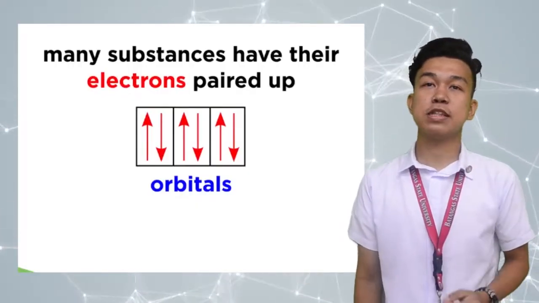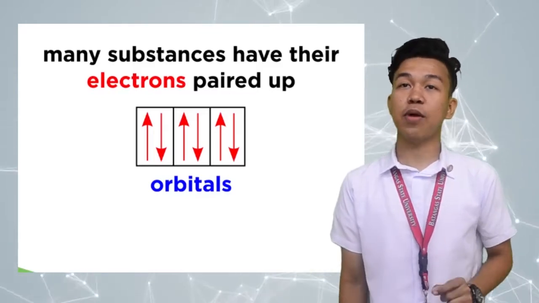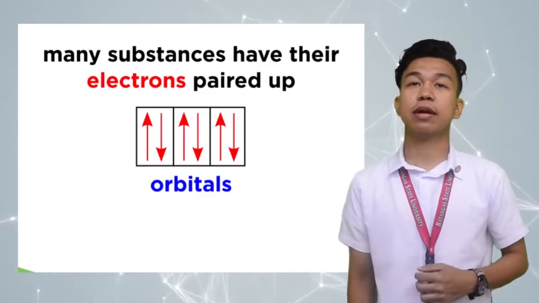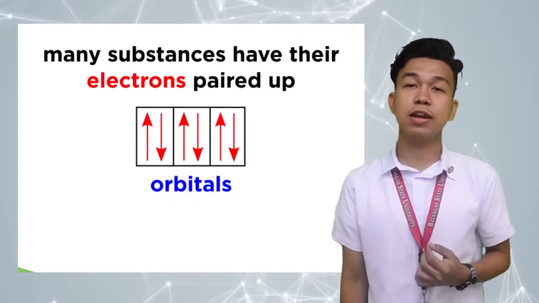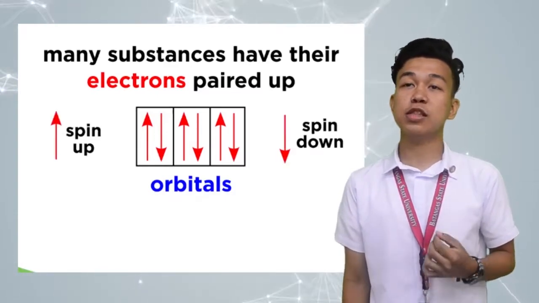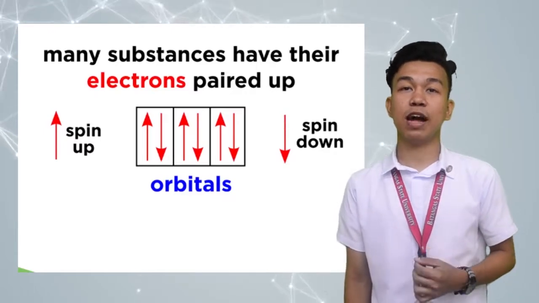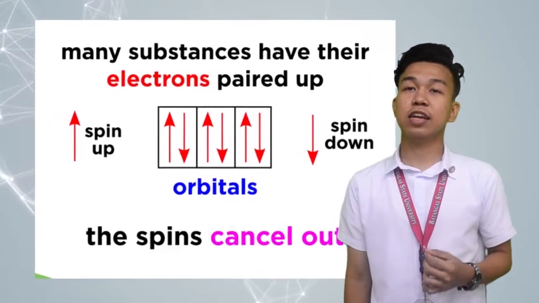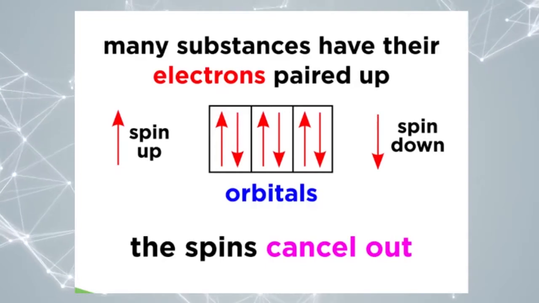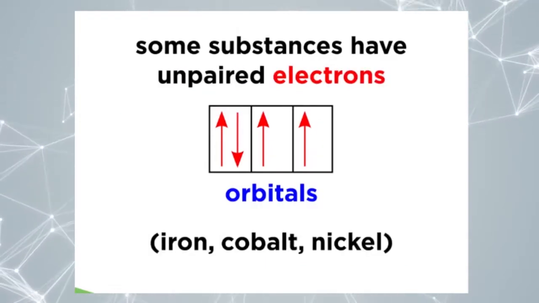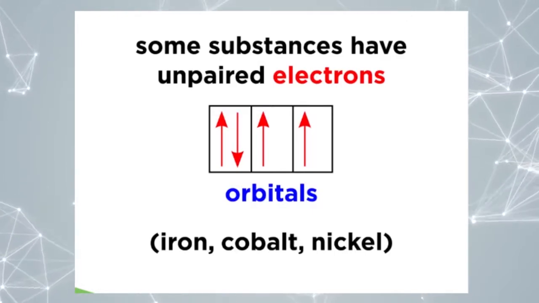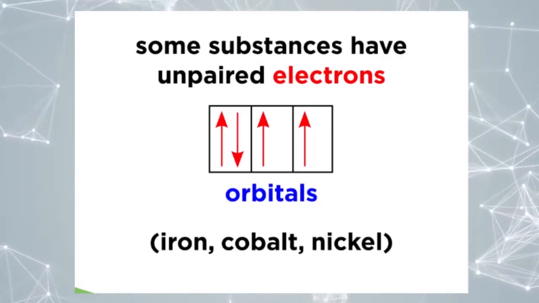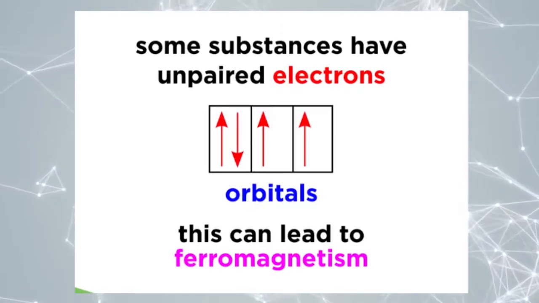But for our purposes here, it will suffice to understand that most materials contain atoms with all of their electrons paired up in orbitals with one spin up and one spin down, such that they cancel each other out, but some substances like iron, cobalt, and nickel have electrons that aren't cancelled out, and some of these can be called ferromagnetic.